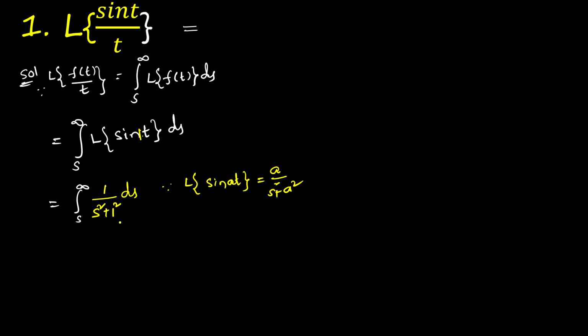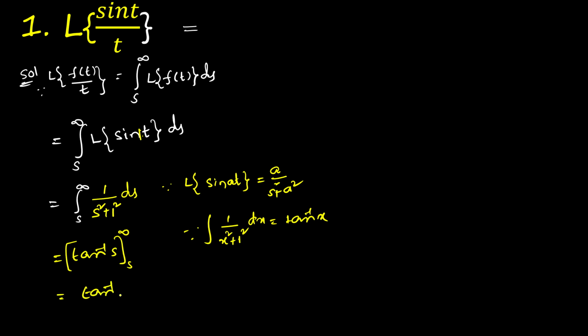Now we have integration of 1 by x square plus 1 square dx is equal to what? Tan inverse x. Here we have tan inverse, s to infinity. Now apply the upper limit minus lower limit.